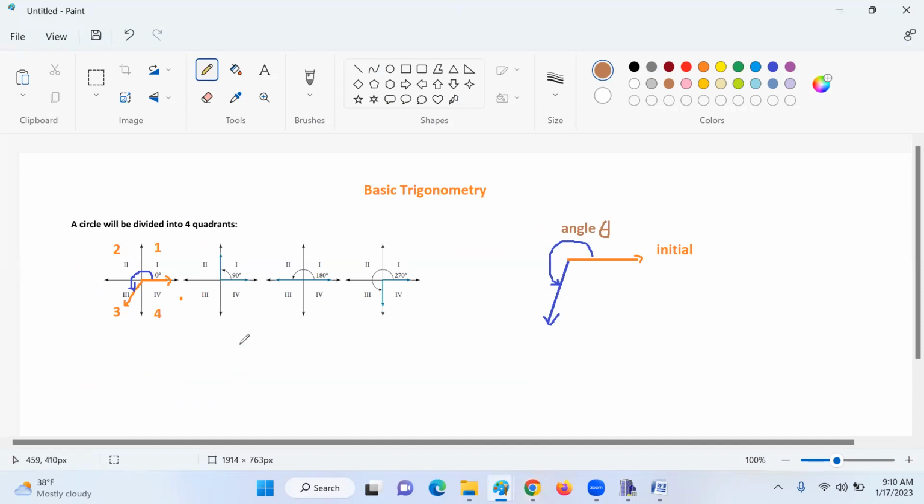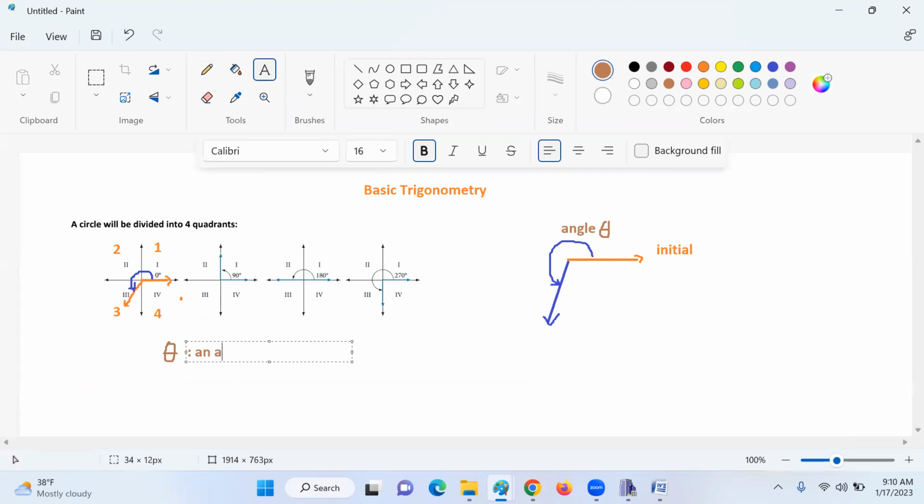We call theta to represent the angle, but I might change later on after we finish this part. I just call an angle x, just for our own convenience. So this is what we call an angle.